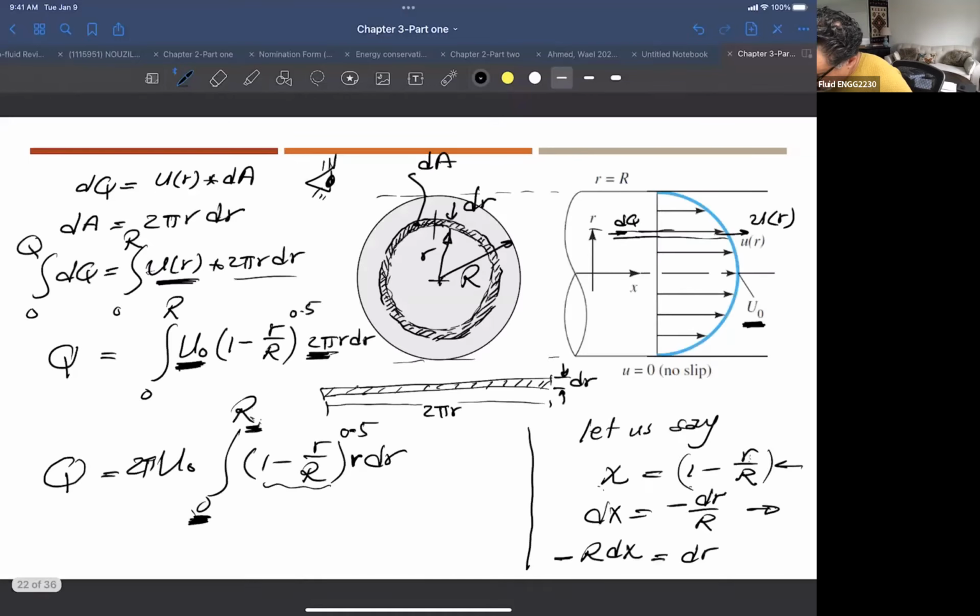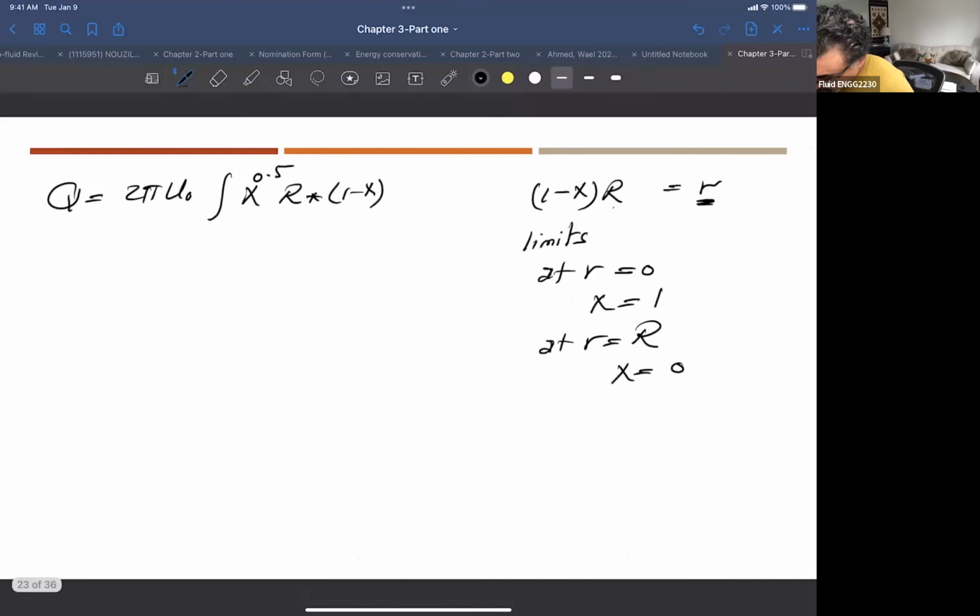And dr is equal to minus R dx, right? There's a minus here at the beginning of this, I can take the minus in this here.